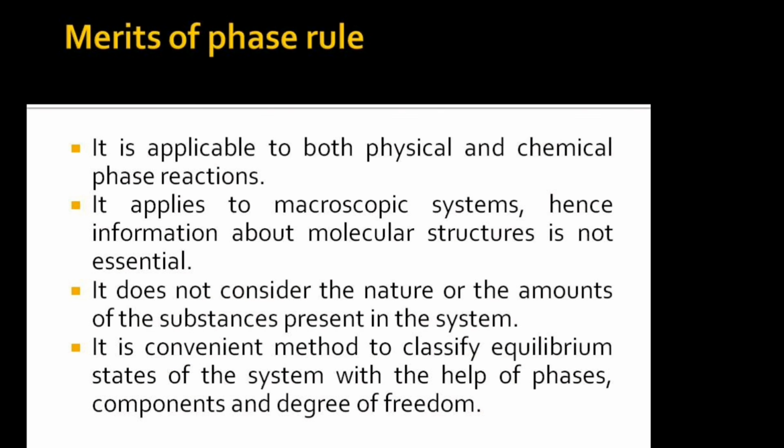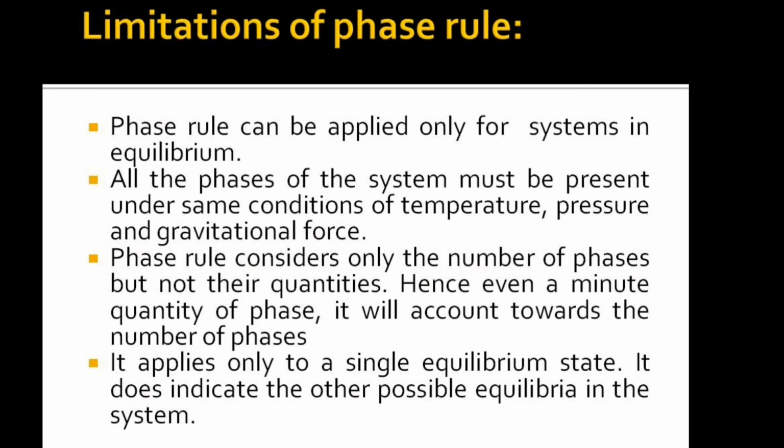So the first limitation of phase rule is that it can be applied only for a system in equilibrium. If the system is not in equilibrium, then you can't apply phase rule. Second is that all the phases of the system must be present under the same condition of temperature, pressure and gravitational force.